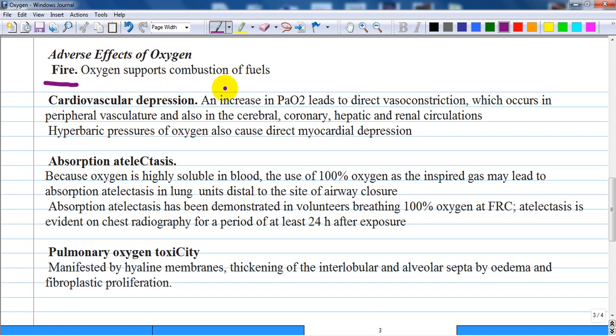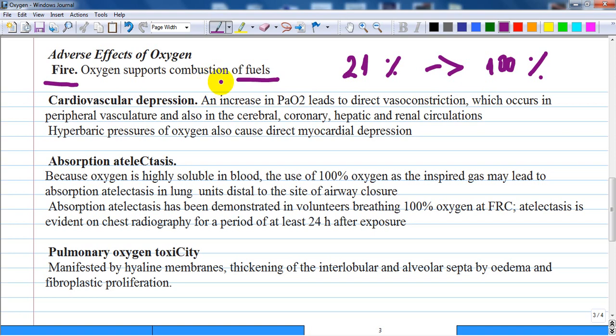An increase in the concentration of oxygen from 21%, which is atmospheric, up to 100%, causes a progressive increase in the rate of combustion, with the production of either conflagrations or explosions with appropriate fuel. So for creating a fire, oxygen also requires fuel. Without fuel, no fire.